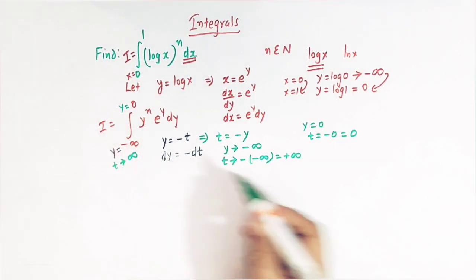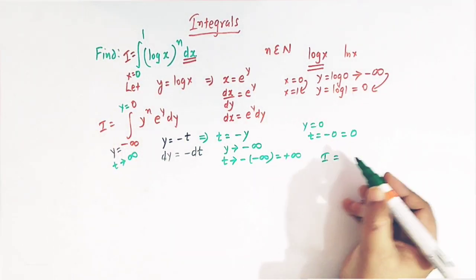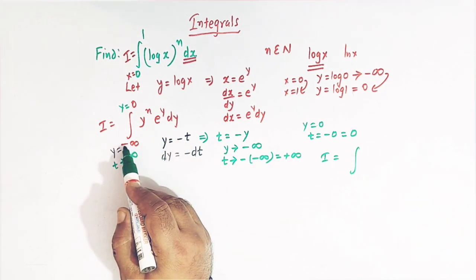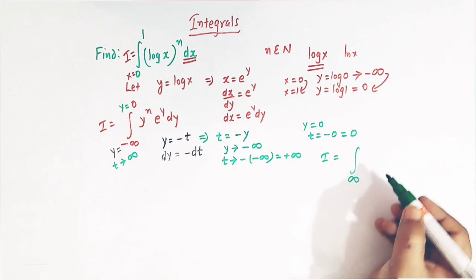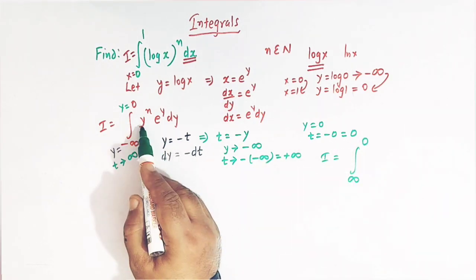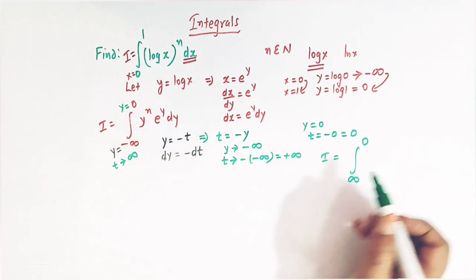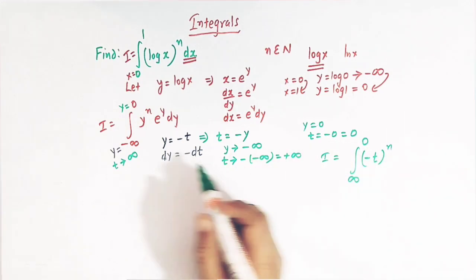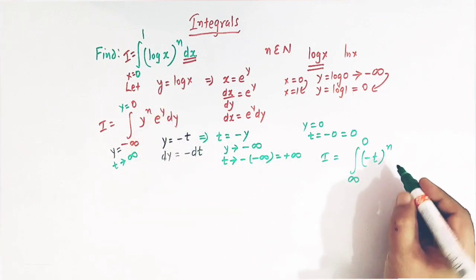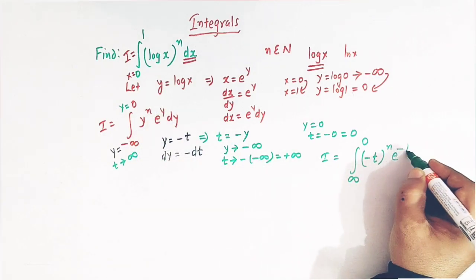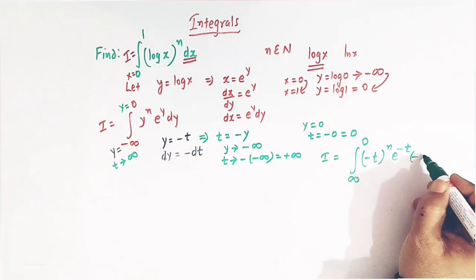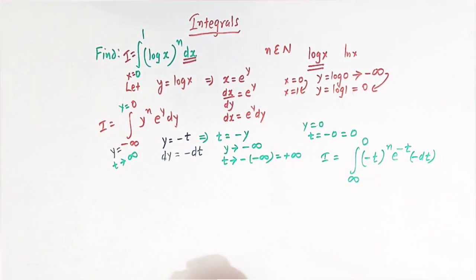So now we can write this integral I in terms of t as the integral from infinity to 0. For y we can write minus t, and this is raised to n, and we have e raised to minus t, and for dy we can write minus dt, right?